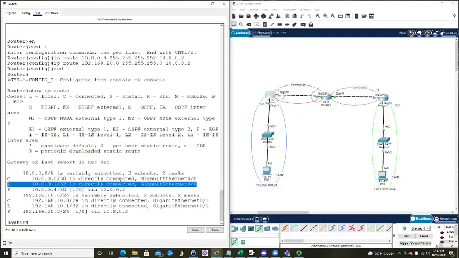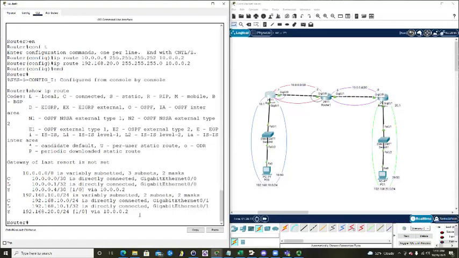So if this link isn't active, then this static route won't get added in. That's one thing to remember: these routes will only get added in if you've entered them correctly, and only if the link to the next hop, the router that you're handing traffic to, is active between those 2 sides. That's the important thing in the grand scheme of things.